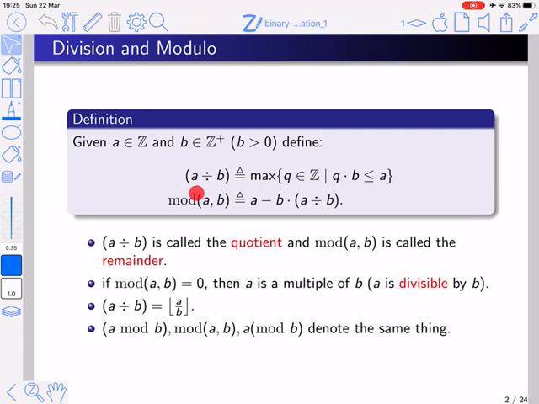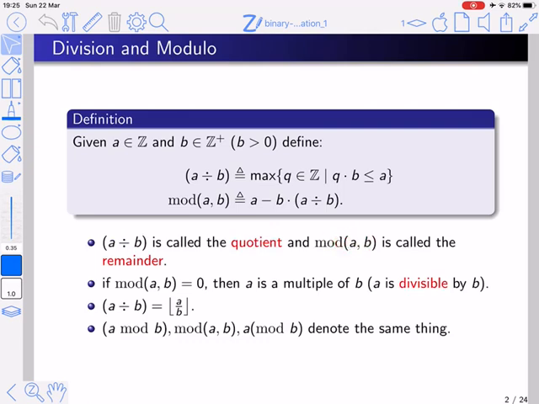The remainder, or the modulo of a and b, or sometimes we say a mod b, is defined to be the difference between a and the product of b and the quotient a divided by b. So we call this number a divided by b the quotient, and we call this number mod of a comma b the remainder.